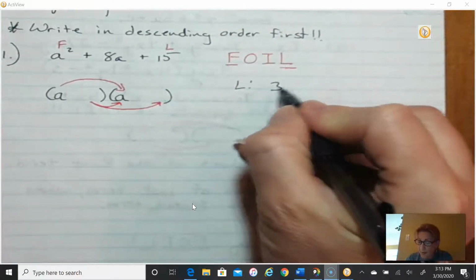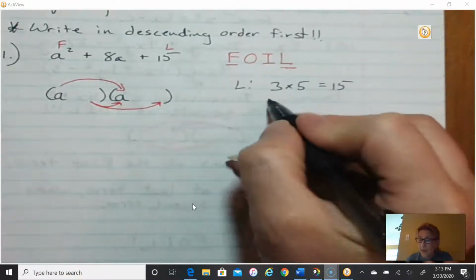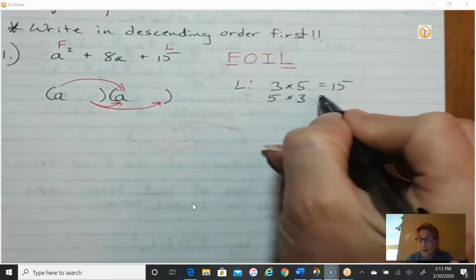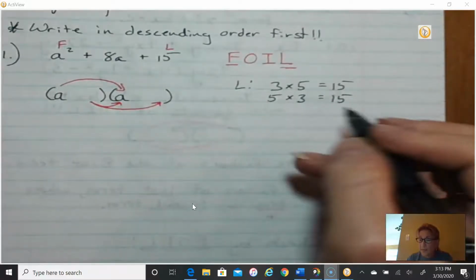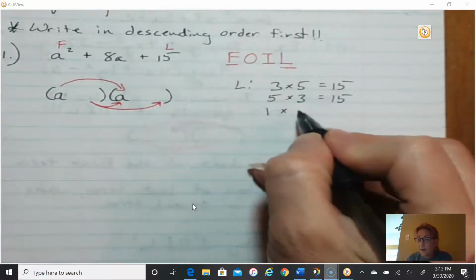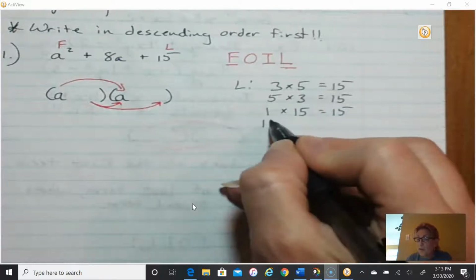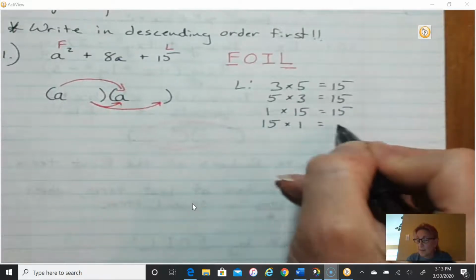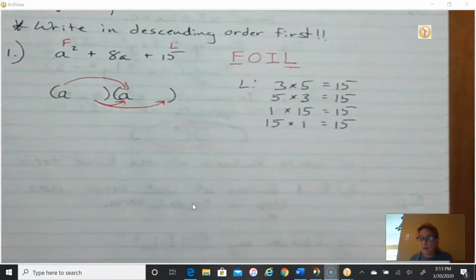You can have 3 times 5. That gives you 15. 5 times 3, and yes, you need to reverse it like that. 1 times 15. 15 times 1. And remember, by the way, we're doing number 1, so it's going to be easier than the rest.